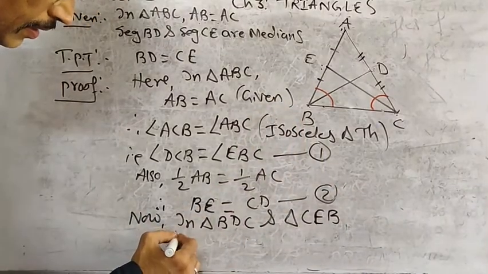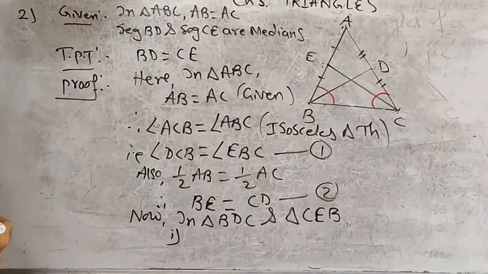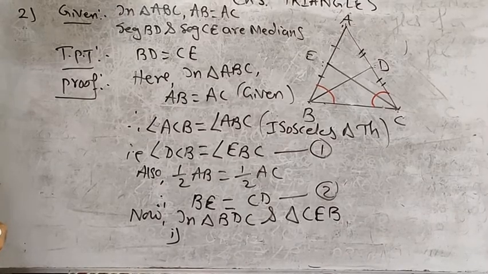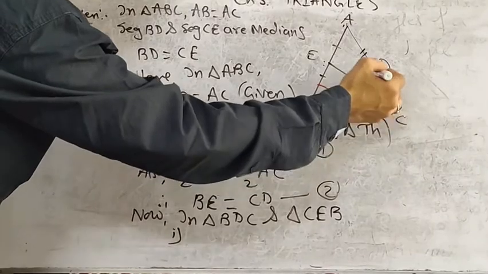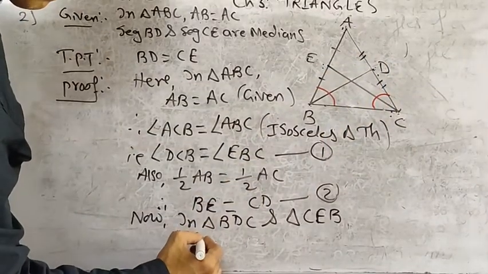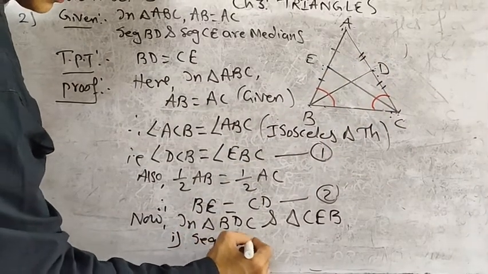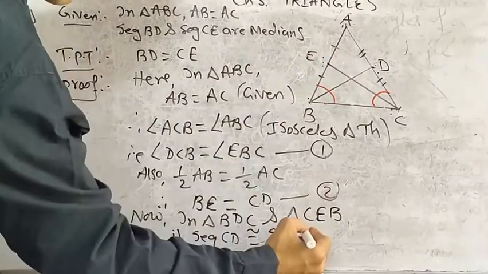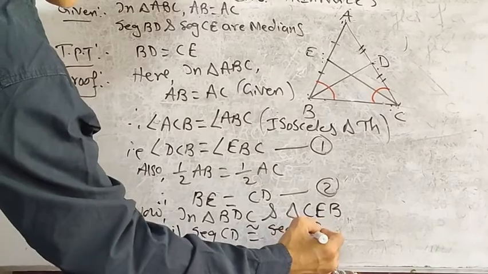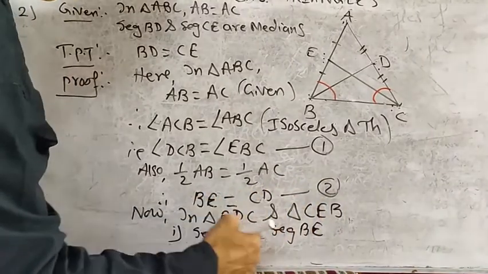First condition. Your first condition will be in triangle BDC, seg CD is congruent to seg BE. Okay, from 2 you can see here, from 2.